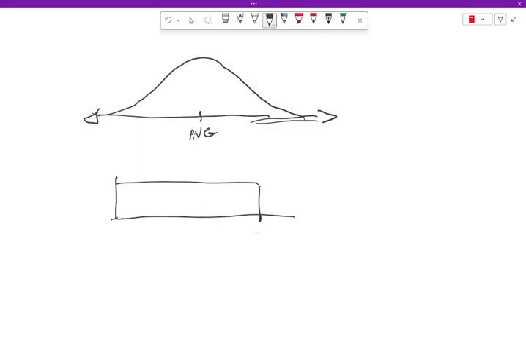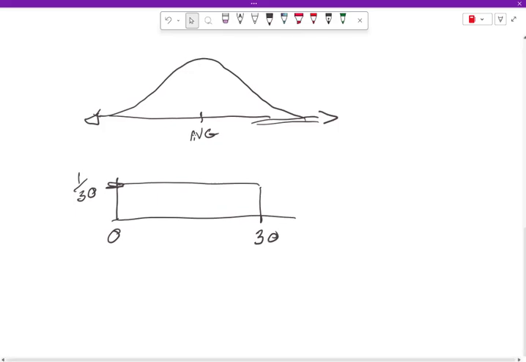If this one goes to 30, starts at 0 and goes to 30, then the height of this curve, the probability of every event, is 1 over 30. In the normal, it's going to be toward the middle is more probable than toward the ends, but the uniform demonstrates everything about it that you need.